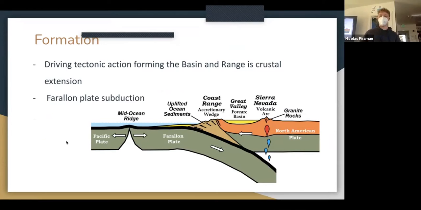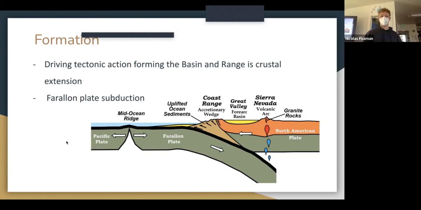For a little bit of context, the oceanic plates, mostly the Farallon plate, have been subducting under the North American continental plate, and no earlier than 30 million years ago, when the Farallon plate was subducting at a shallow angle, it pushed the western part of the North American plate up and formed this large mountain range.